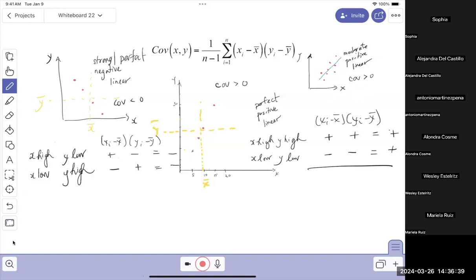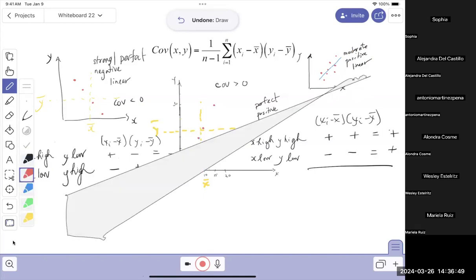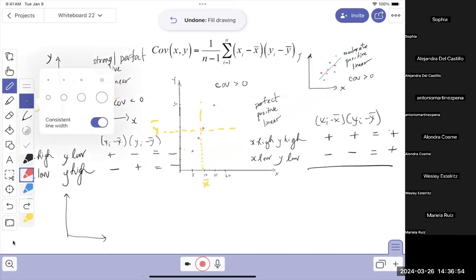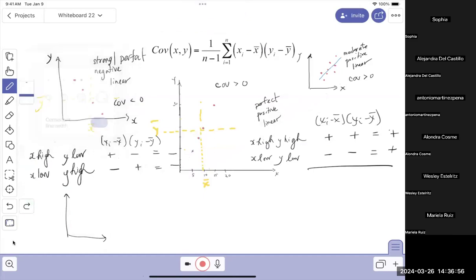And what about if it goes like, oh, no, I want to do red dots. Hold on. Make red dots. What about the covariance here? Will it be positive or negative?